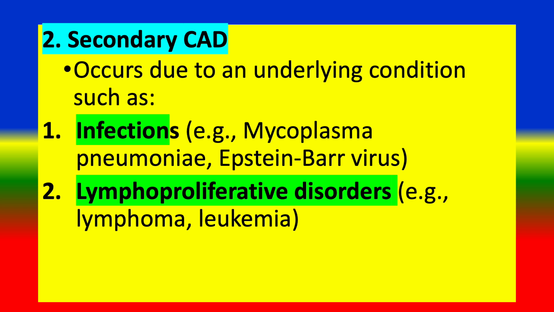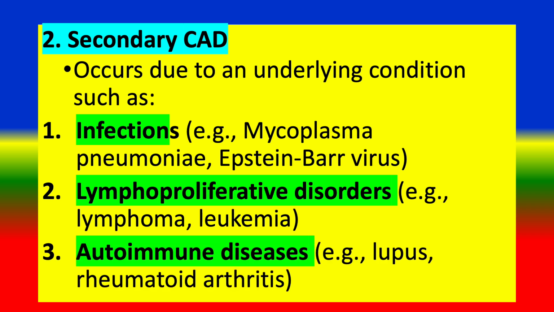Example: lymphoma, leukemia. 3. Autoimmune diseases. Example: lupus, rheumatoid arthritis.